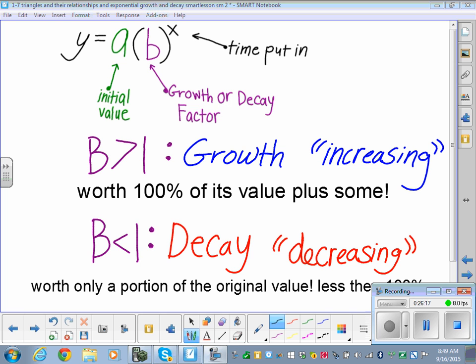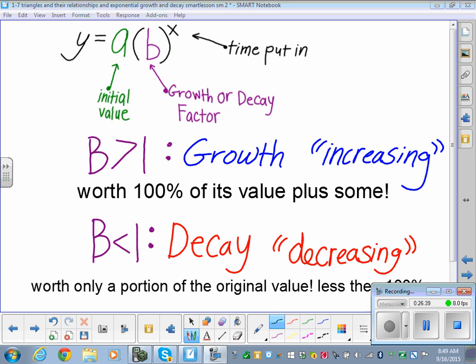If something starts out at the beginning of time worth its full amount and then starts getting worth less and less, that would be decay. It's decreasing in value, and your b will be less than 1.